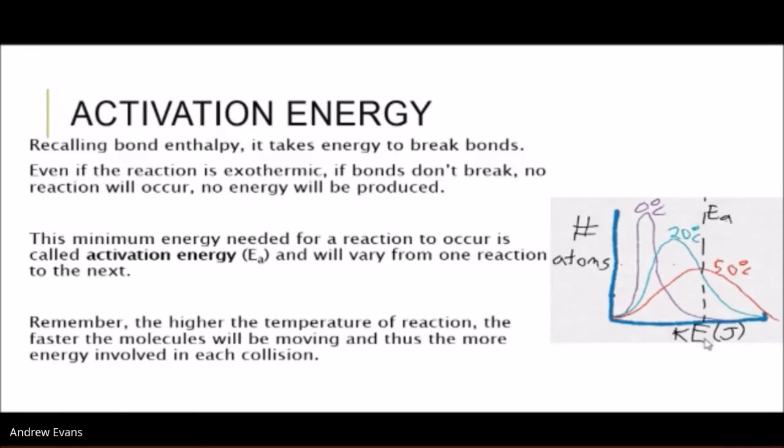At 0 degrees, very few molecules have the energy to react, so the reaction is really slow. At 20 degrees, maybe about 30% of the molecules have enough energy, so the reaction can happen at a 30% efficiency. At 50 degrees, it's closer to about 50%. About half the molecules have the energy they need to react.